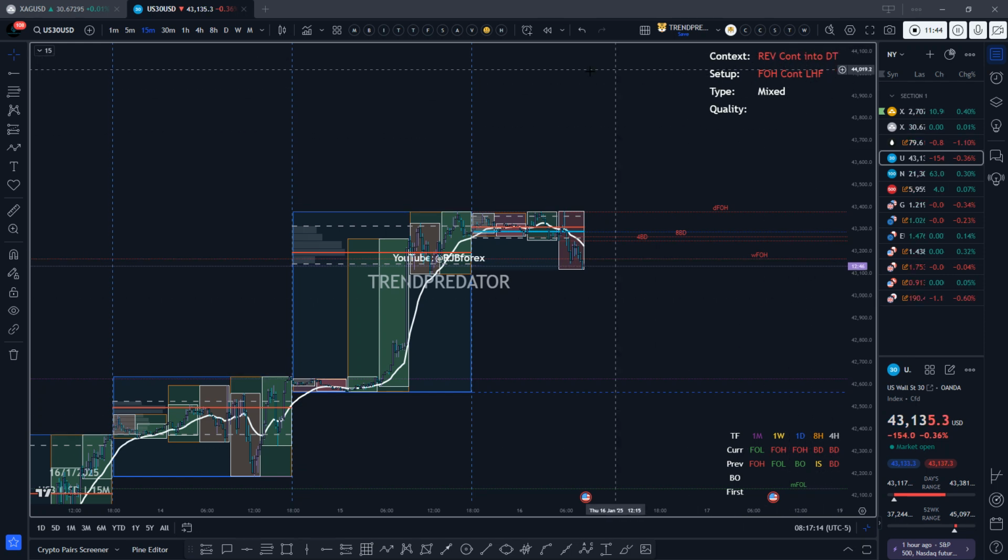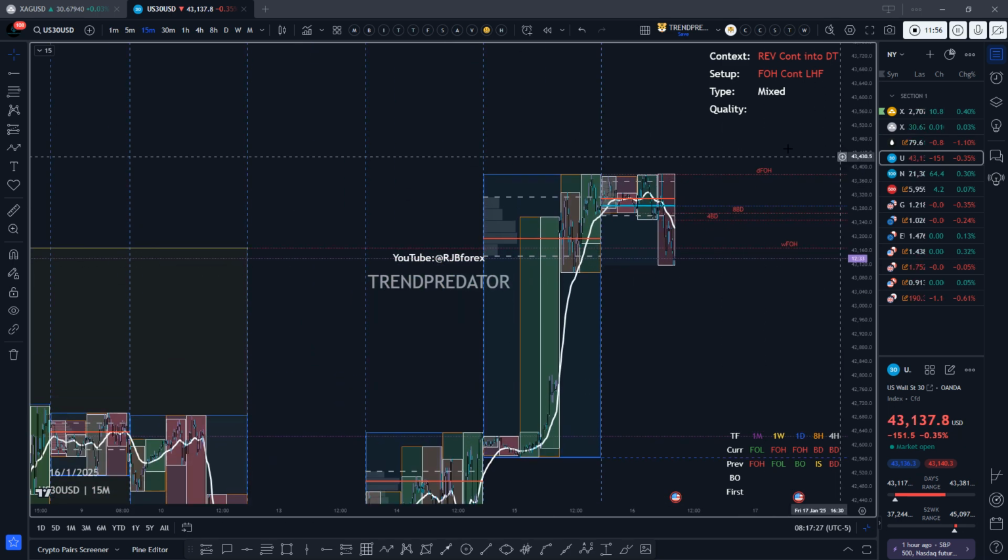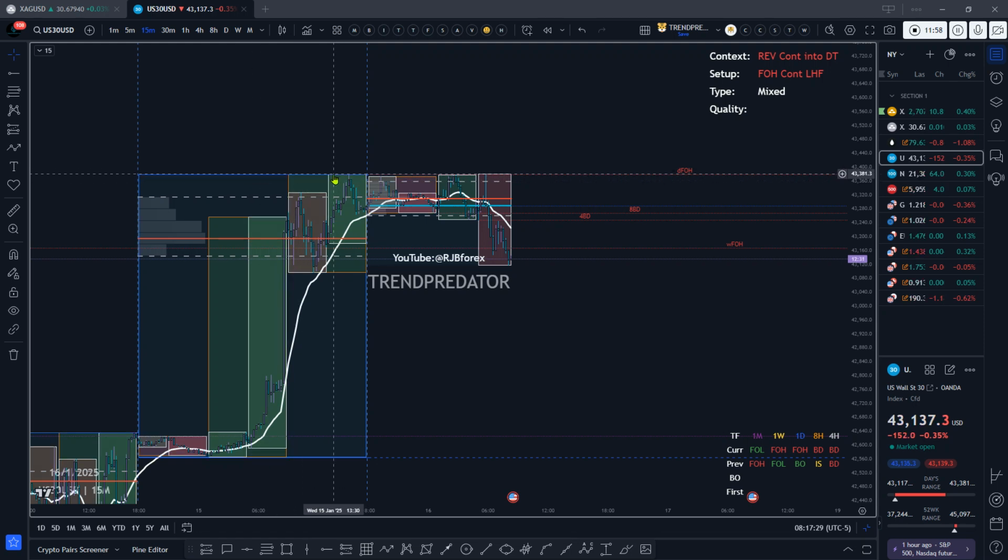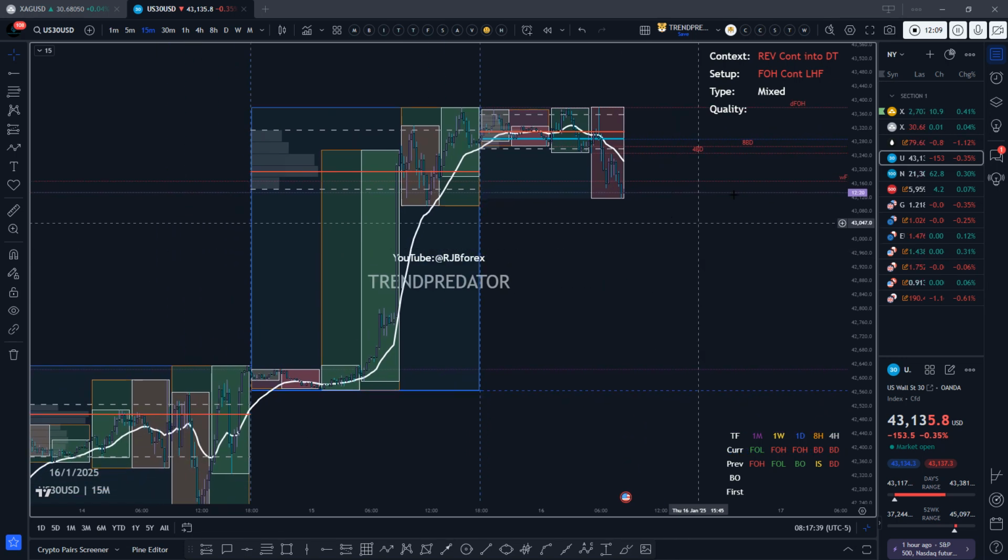So it's giving us a reversal continuation turning into a downtrend due to a fake out high of yesterday's level, fake out high for a low hanging fruit trade, LHF, opportunity to the downside.